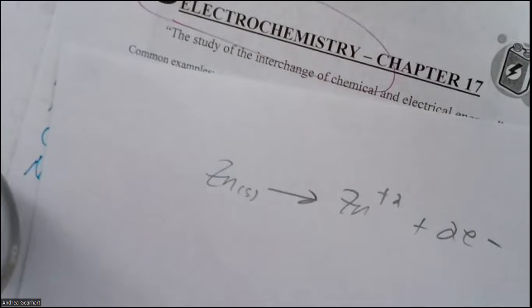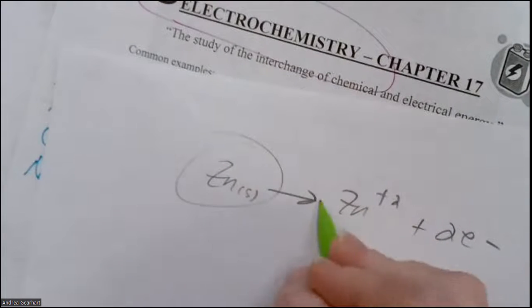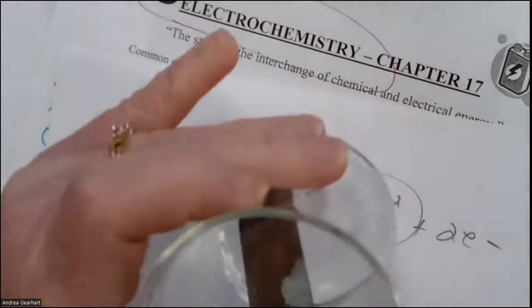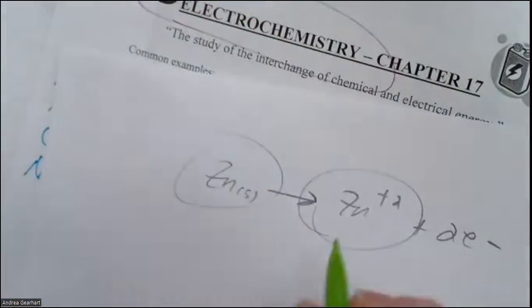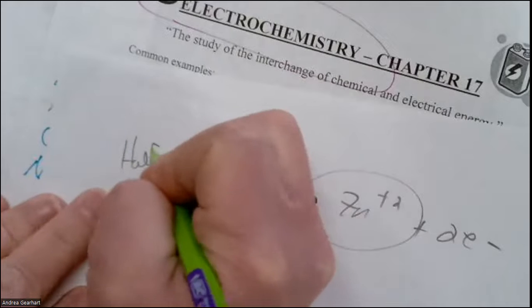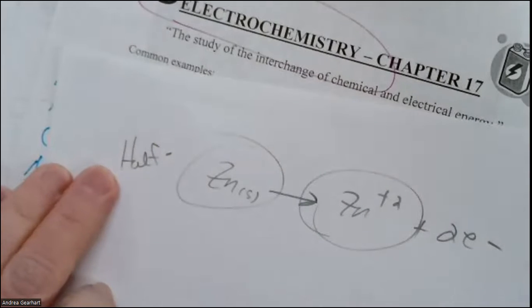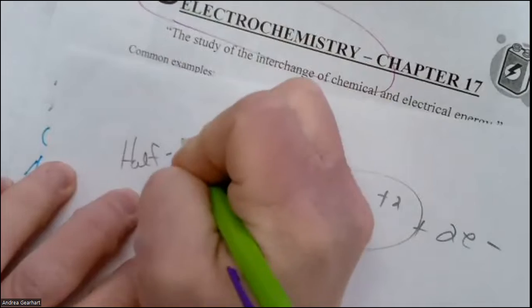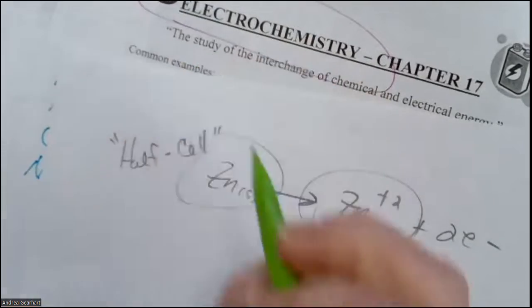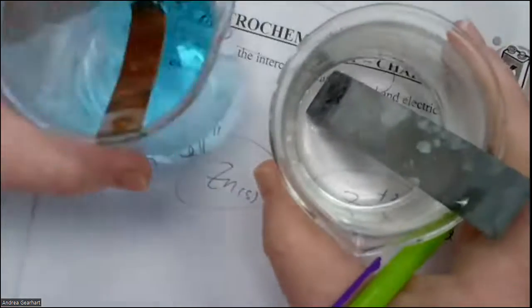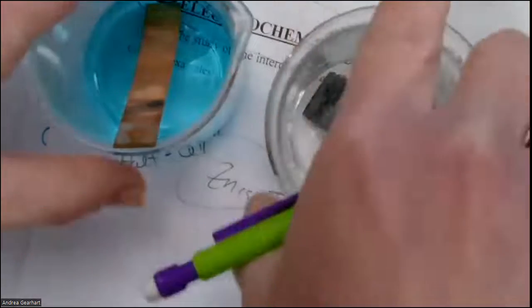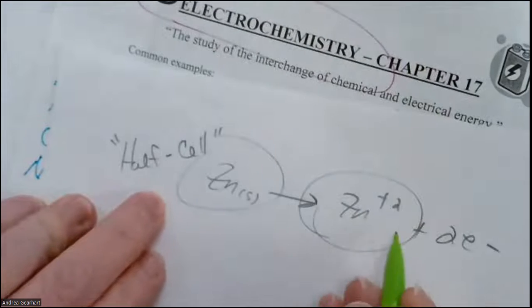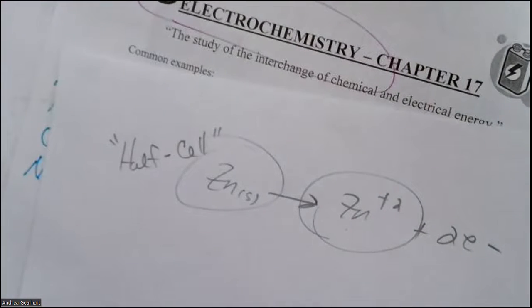And if we would place the reactants and products together in a compartment, we called it a half reaction in unit 4, but it's called a half cell because it's half of the complete battery kind of ingredients, if you will. All right, but we don't have oxidation without reduction.